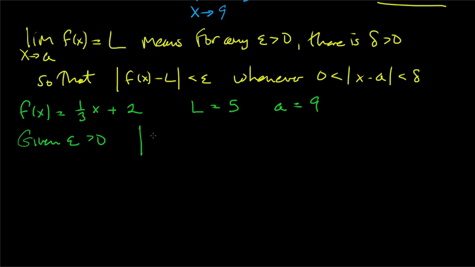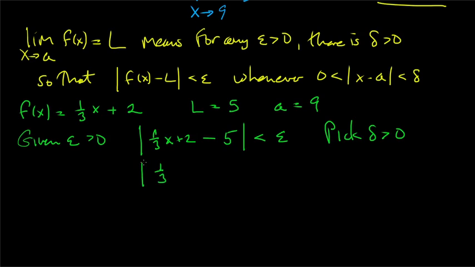And we need to guarantee that f of x, that is 1/3 x plus 2, minus L, where L is 5, has to be less than epsilon. So we need to pick a delta greater than 0 so that this happens. Well, in absolute value, 1/3 x plus 2 minus 5 is just 1/3 x minus 3, and that's less than epsilon.